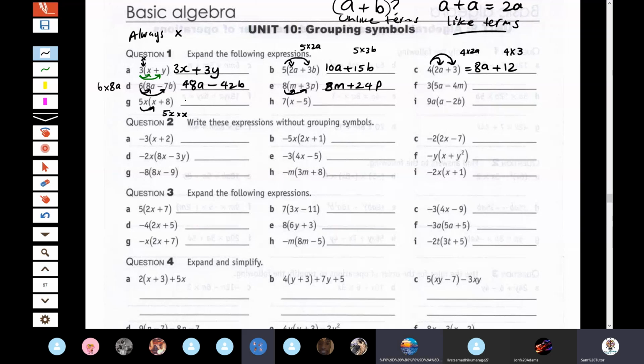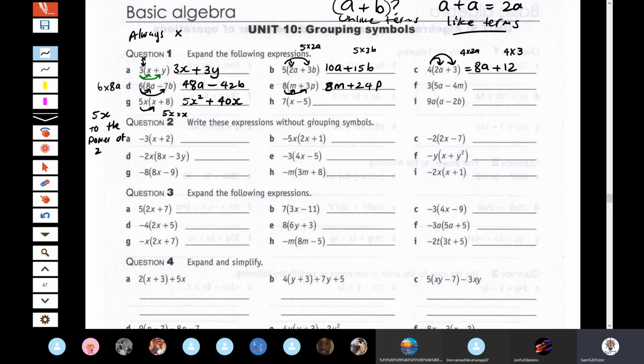What does that become? 5x squared. Yeah. You can say 5x squared, or you can say 5x to the power of 2. Good job. 5x squared plus 5 times 8 is 40. And then x, the x that you still have here.